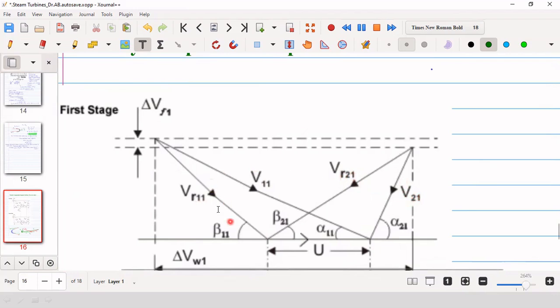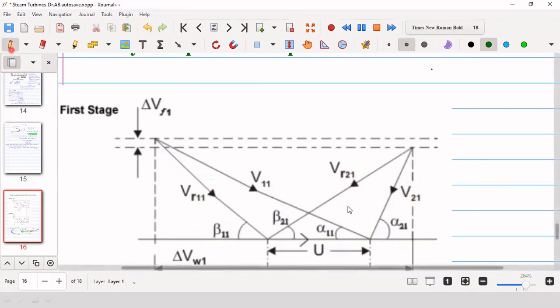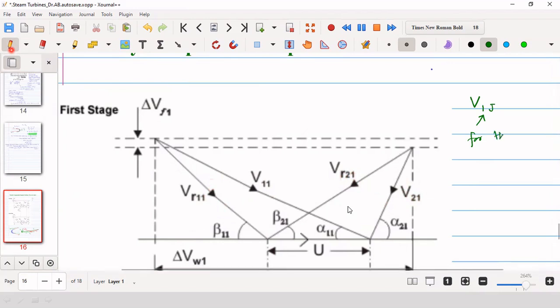So these last ones, if I write any quantity, say V, and then say some I and then J. So this I is for the inlet or exit?